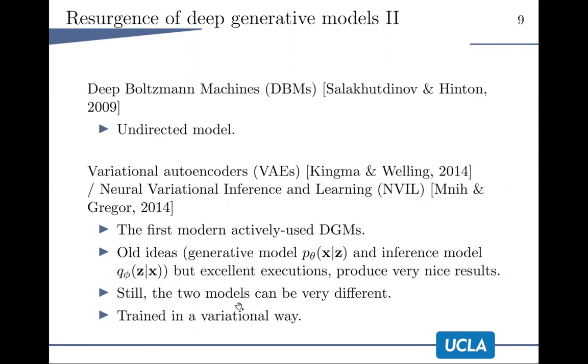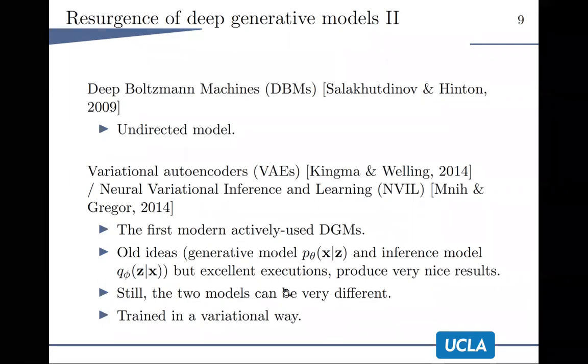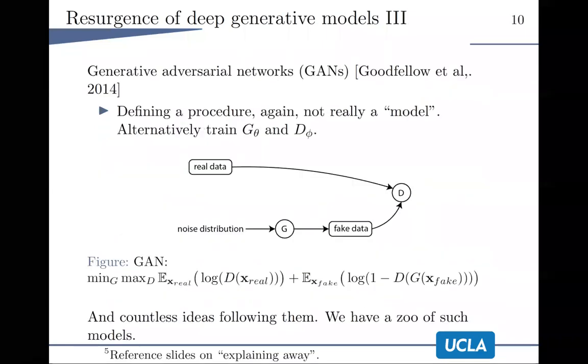The two parts of the model, I mean the generative and the inference models, can be very different. And this model is generally trained in a variational way that we are going to talk about soon.